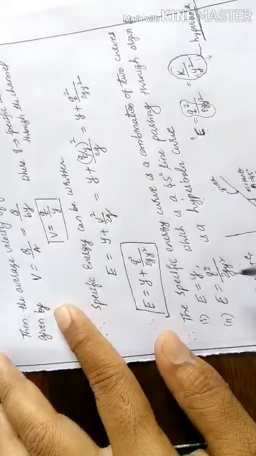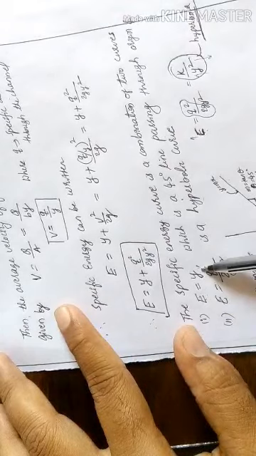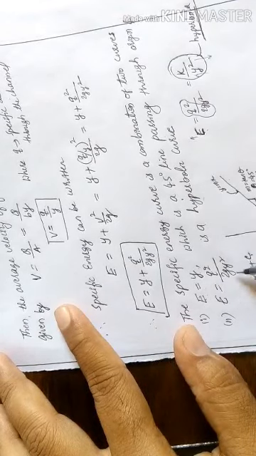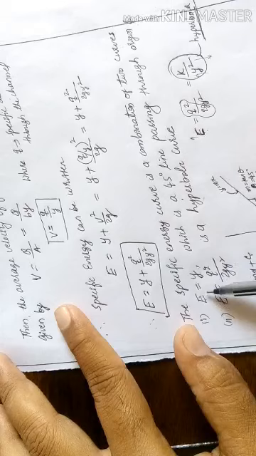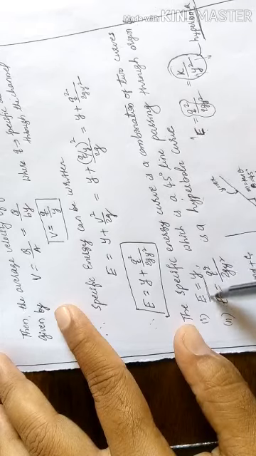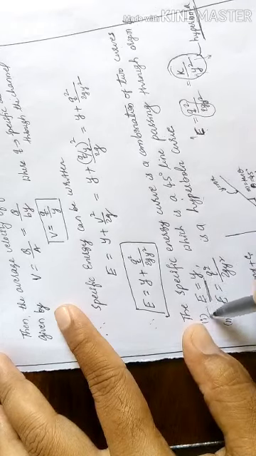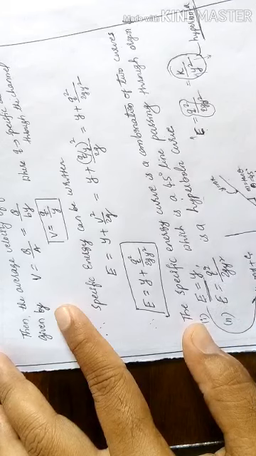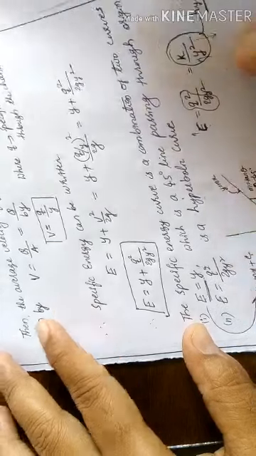So as we know, the specific energy curve is a combination of two curves. That is, one curve is E equal to y, and the other curve is E equal to q square by 2g y square. So let us draw the first curve.